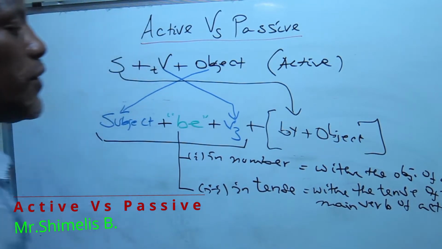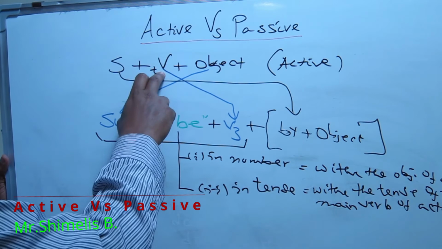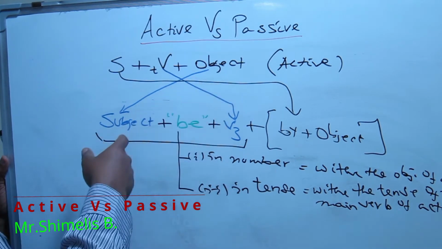So keeping this agreement, we can change any active sentence, assuming a transitive verb and having all these three elements, to passive this way. Okay, let me rephrase. The object becomes subject.